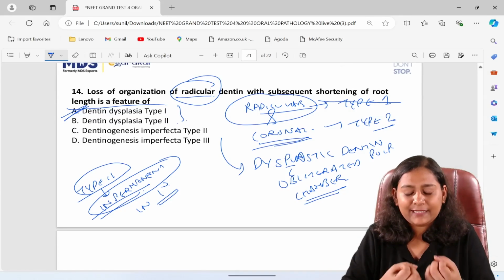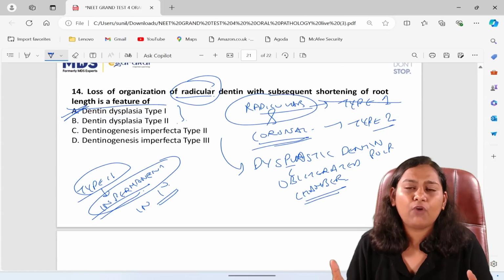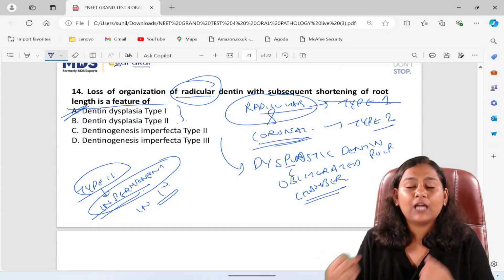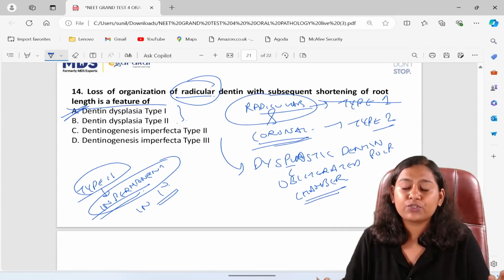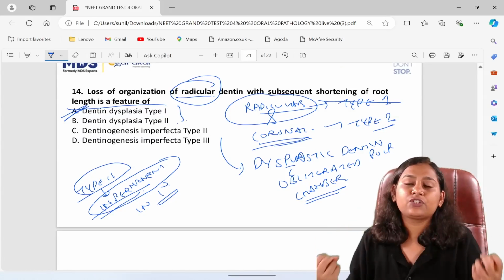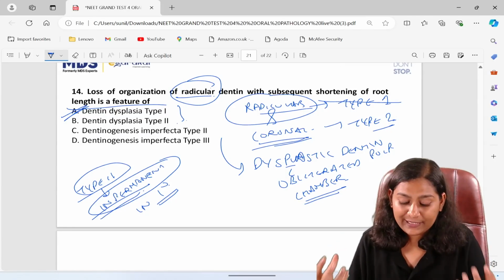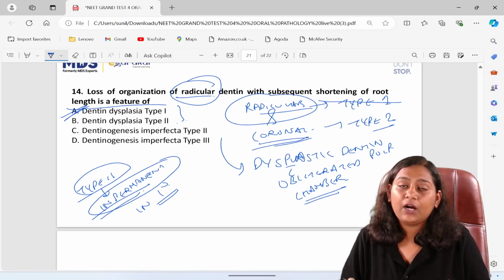That means the dentine is formed overcoming a few obstacles. This results from repetitive attempts to form the root structure, but the root structure is not getting formed, and that is why these are called rootless teeth. So this is dentine dysplasia.